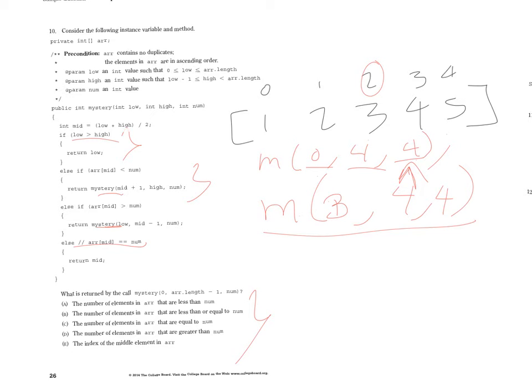And so we go back and trace it again very quickly. It's starting to look like some sort of binary search almost. So here low is not greater than high. We take a look at the midpoint. The midpoint is 3 plus 4 divided by 2, which is 3. So the midpoint here is 3.